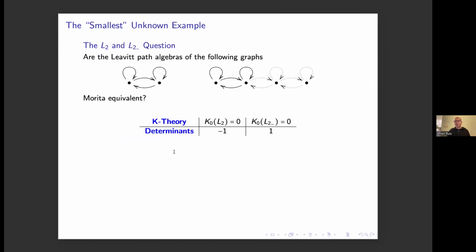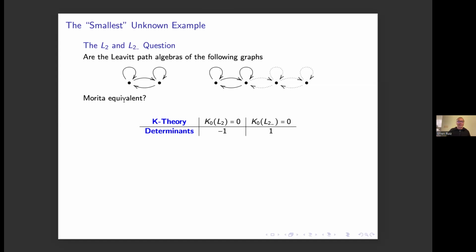All right. So what is the smallest unknown example about the invariance of the Cuntz-Splice? This is the famous L2 and L2 minus question. I must admit, this is not my favorite presentation of the L2 graph, and we discussed it with Willie, but these are the classical representations of the O2 and the O2 minus graphs, so this is why I'm using it here.